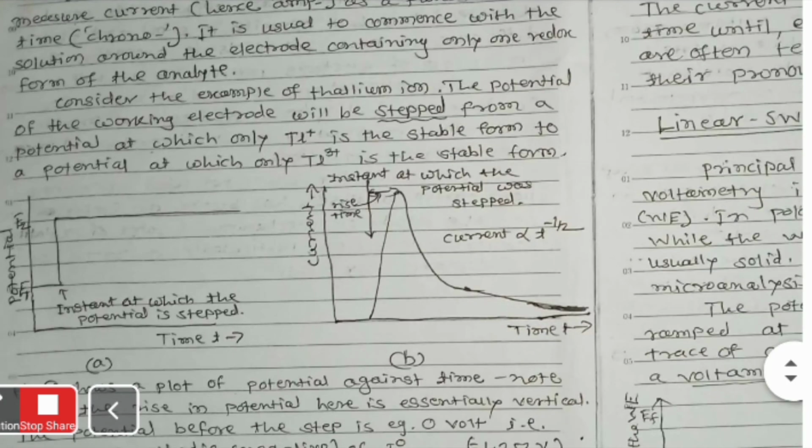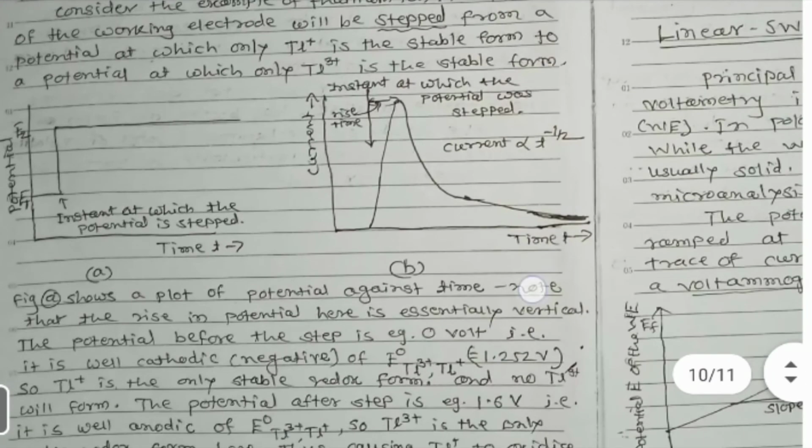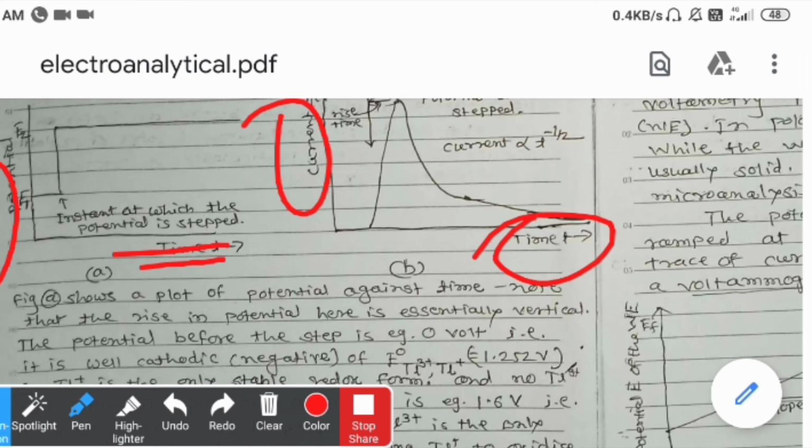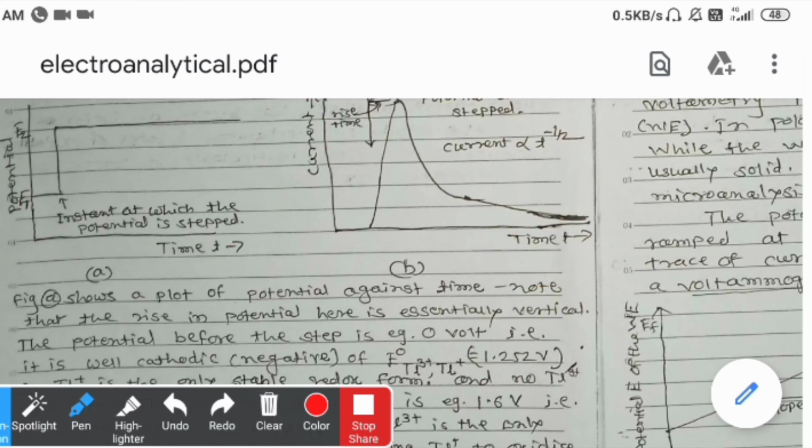So the stable form of thallium will be in the plus 3 oxidation state. The input signal for this chronoamperometric technique is again potential as a function of time, and the output is current versus time. Initially the potential is kept constant, and at a particular time instant the potential is increased suddenly, and again it is kept constant.